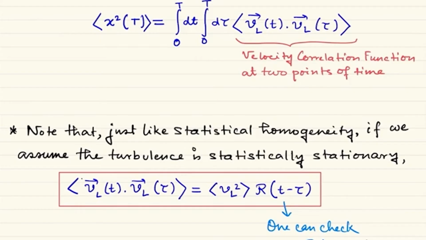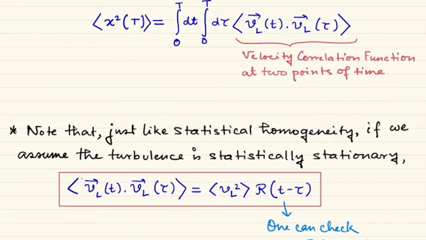Then the 2-point correlation function will simply be given by the normalization constant, which is the averaged VL square, times the Pearsonian correlation coefficient, and this correlation coefficient will be a function of neither t nor tau but the distance between them, t minus tau.